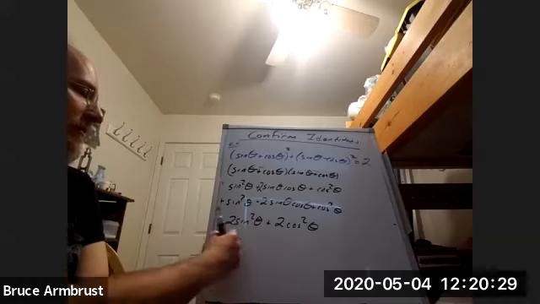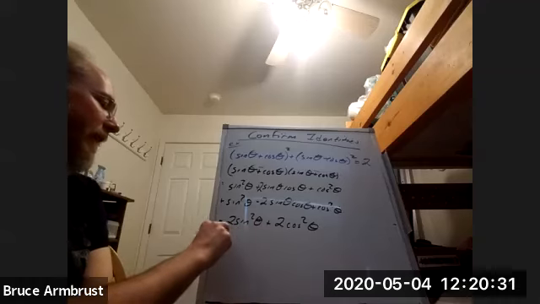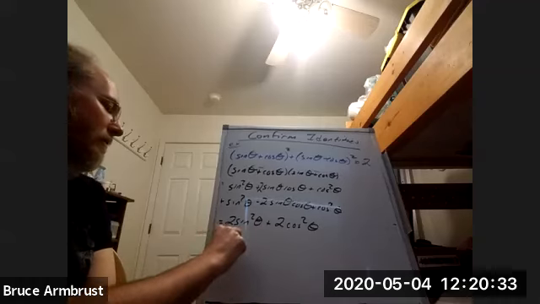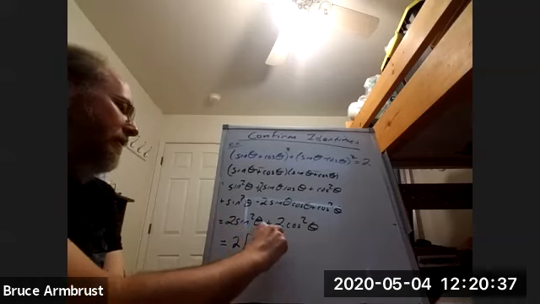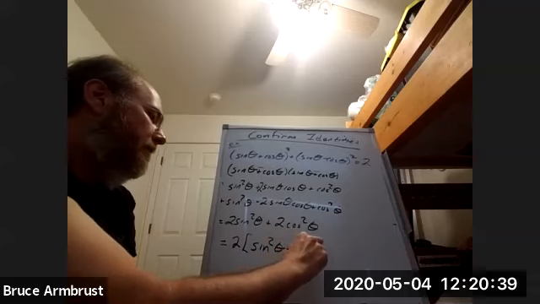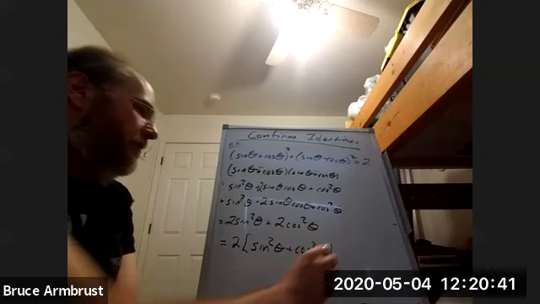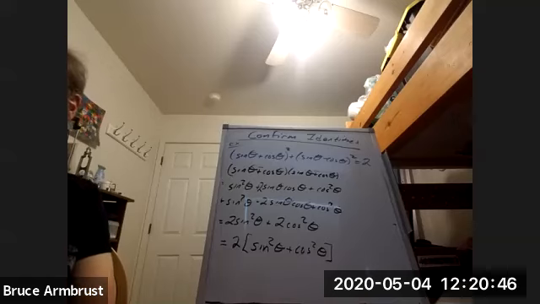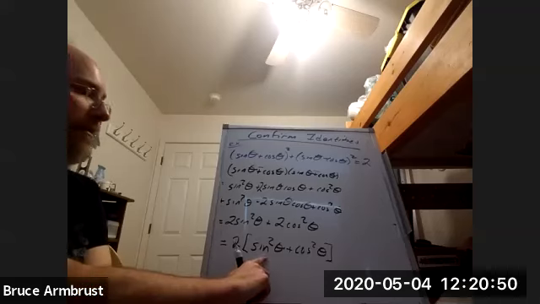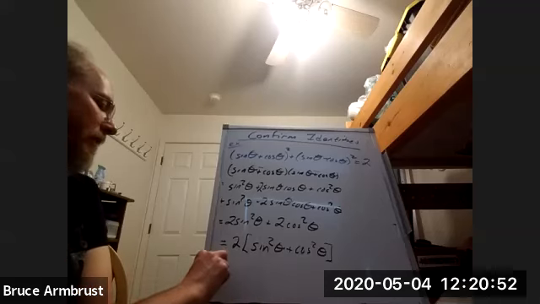Well, how about this? There's a 2 in both of these. What if I factor it out? So we'll use one of the other F words here. Let's factor out that 2. So we'll get sine squared plus cosine squared. And hopefully you all see it, from the Pythagorean identity, sine squared plus cosine squared is equal to 1.